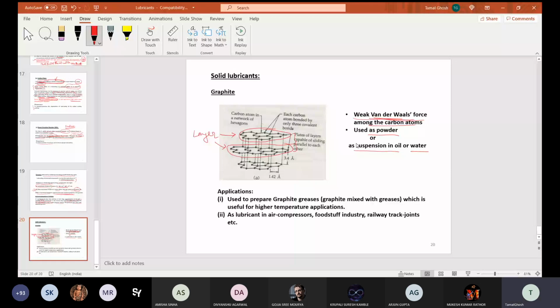Now coming to the application. Graphite is a solid lubricant. When it is mixed with grease, it produces graphite grease.